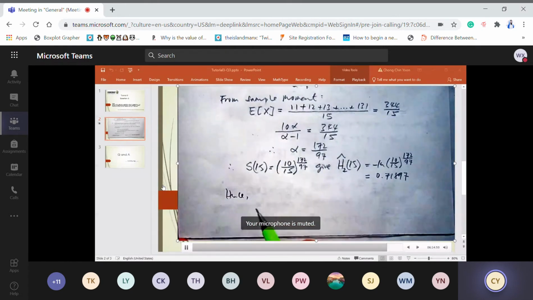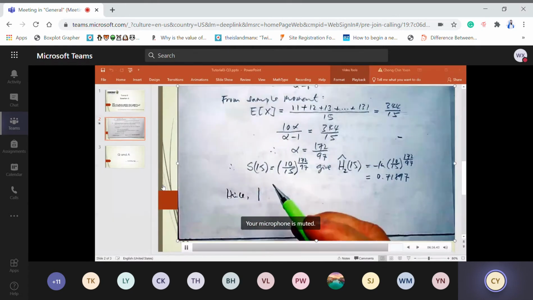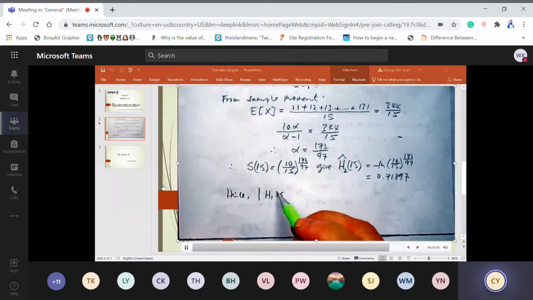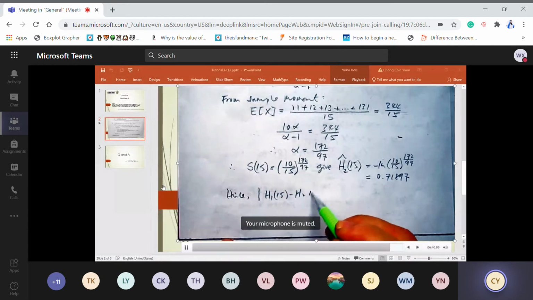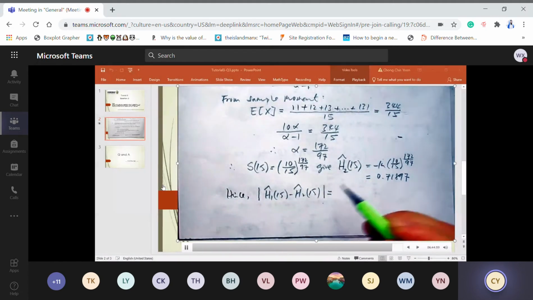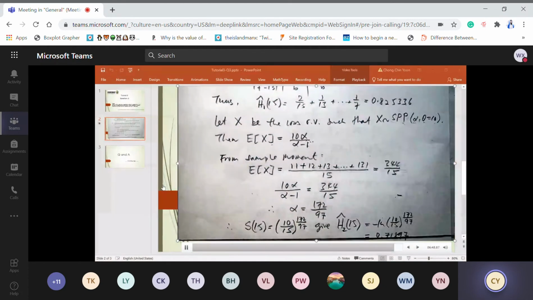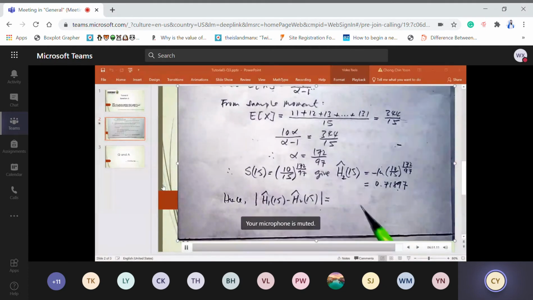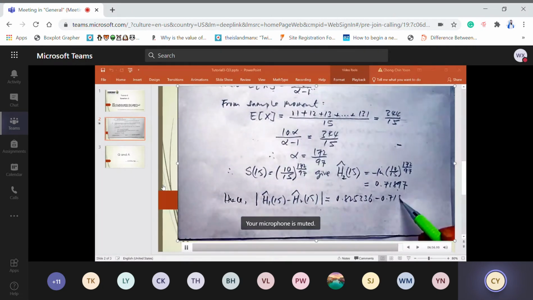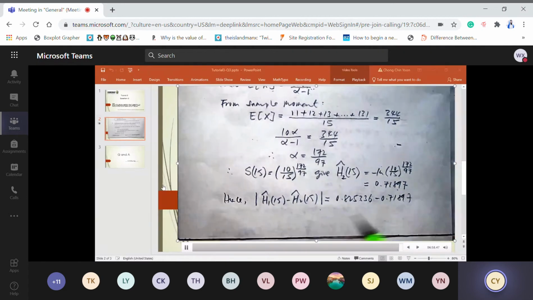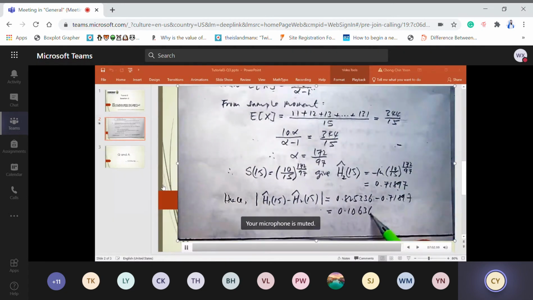Hence, the absolute value of the difference is equal to this result minus this. So I will have 0.825336 minus 0.71897. So I will have 0.106367.